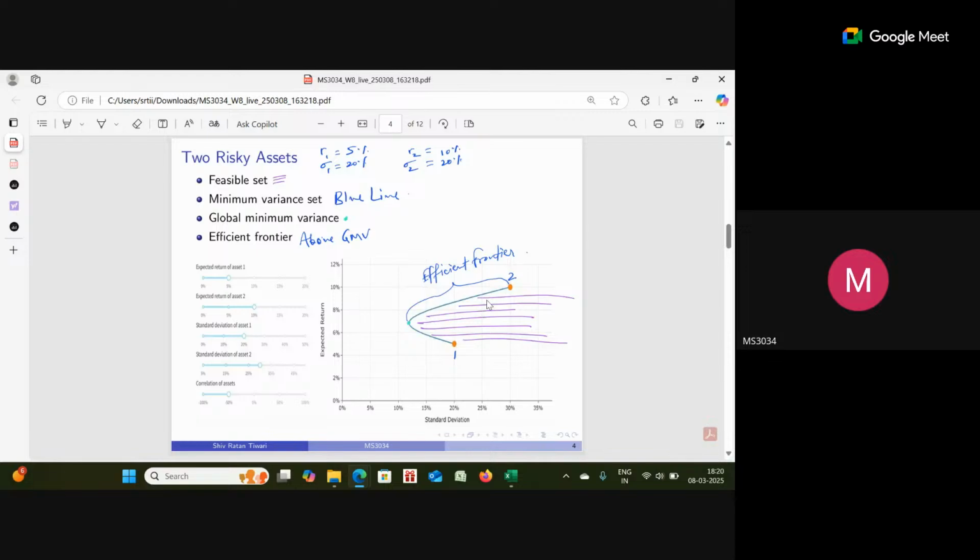In that case, you will find this set. All points to the right of this blue line are the ones possible for you to make by mixing these two assets, and we call that the feasible set. This purple horizontally lined area is the feasible set.